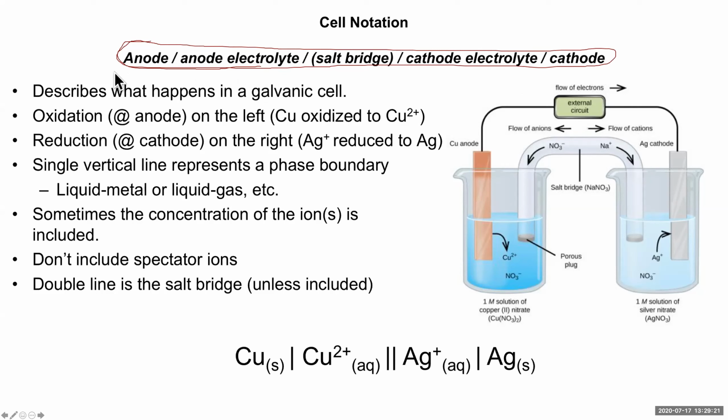Now, sometimes the anode and the cathode aren't materials that are in the chemical reaction. In that case, you're going to have to have another line here. You might have an inert anode or an inert cathode. And inert materials are electrodes that have to be able to conduct electricity, but they're not involved in the chemical reaction.